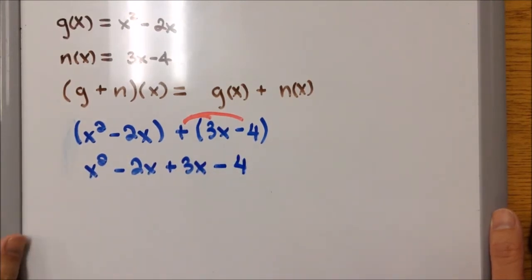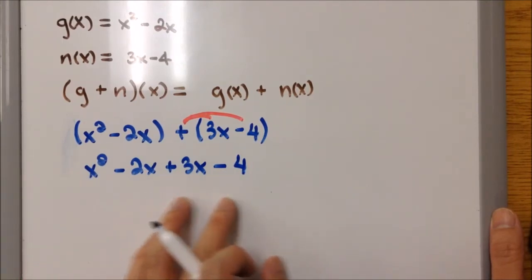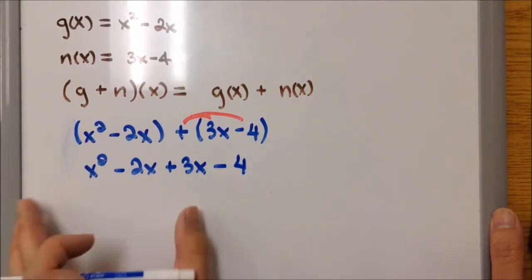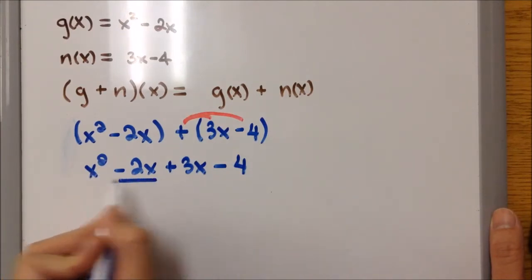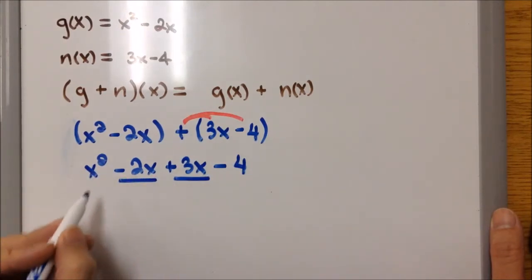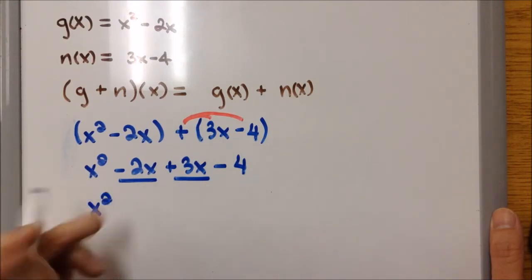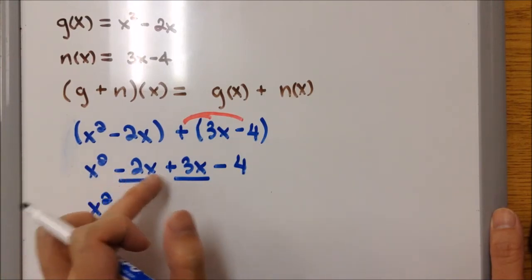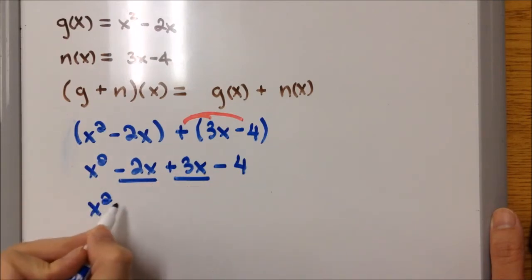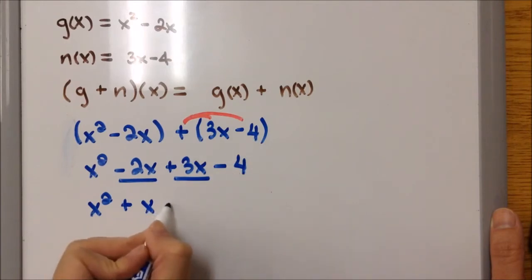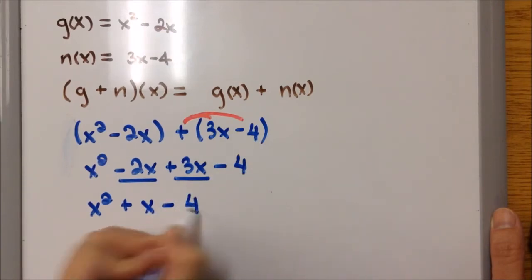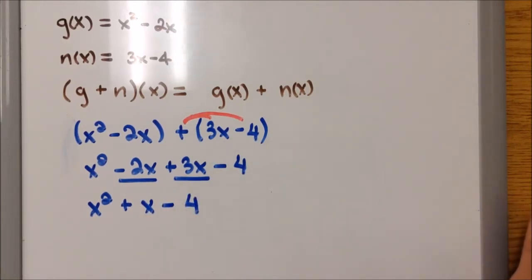Alright. Now, the only like terms we can combine, since we don't have to multiply or divide anymore, are these two. So, I'm bringing down the x squared, combine minus 2x plus 3x, that's going to give us just a positive 1x. And I'm going to bring down the minus 4. Now there's no more terms to combine.